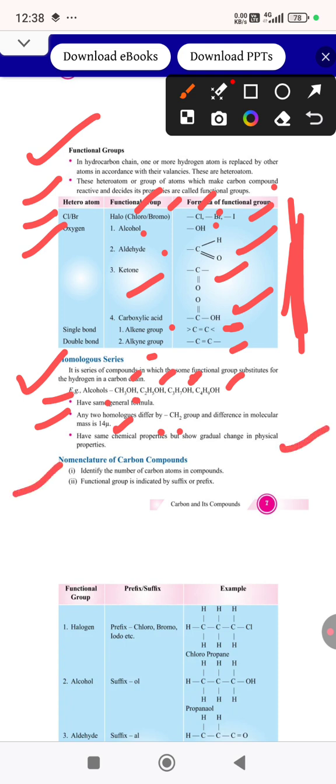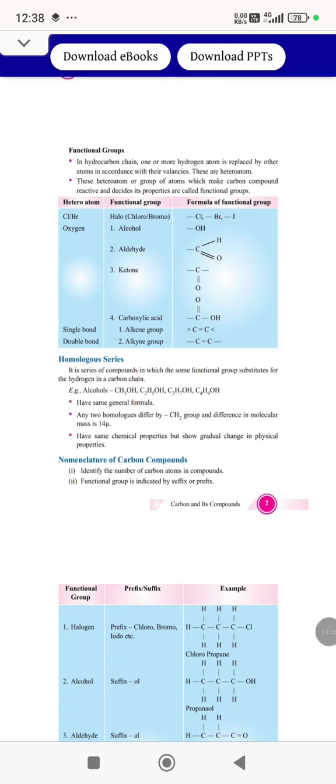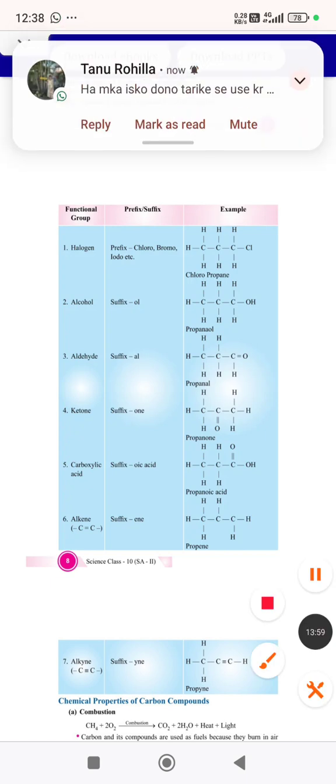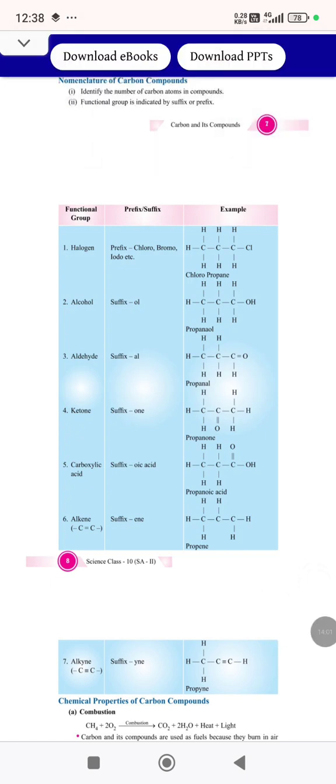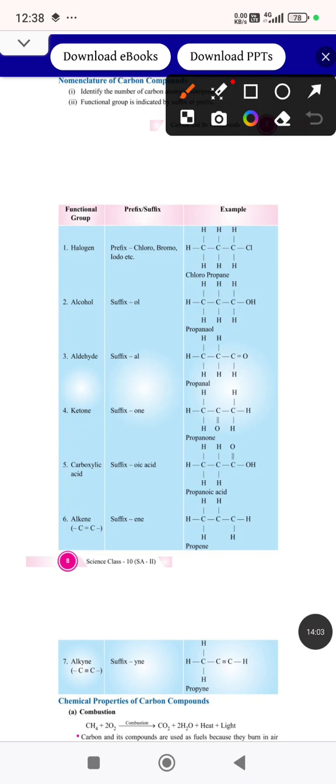Nomenclature of carbon compounds. Identify the number of carbon atoms in the compound first of all, and then the functional group is indicated by a suffix or prefix. For halogen we can use a prefix like chloro, bromo, iodo, etc. Example like this.